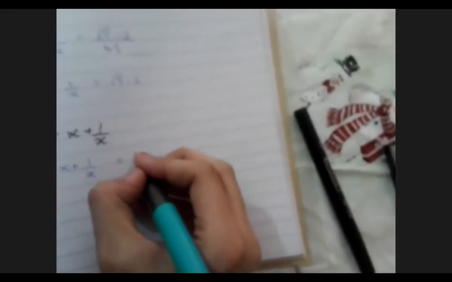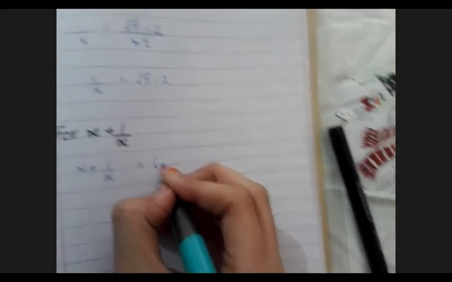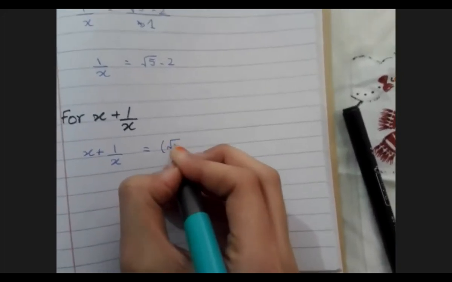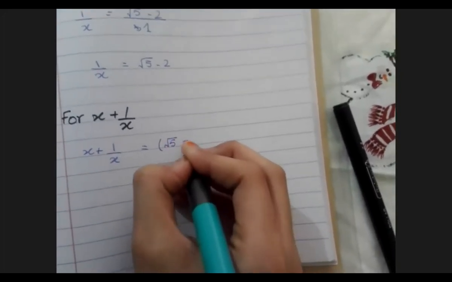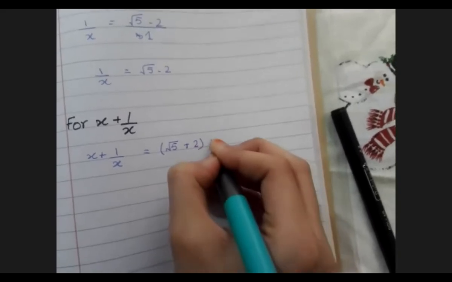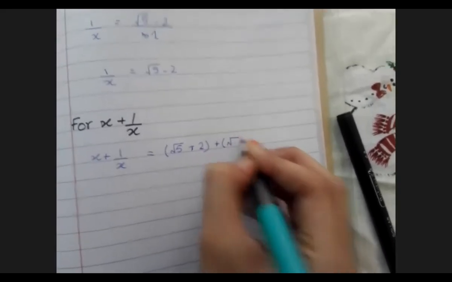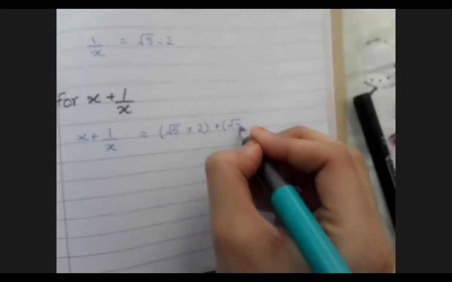Okay, now Ishal, your work. Very good. x plus 1 upon x. Yes, x is equal to what? x is equal to under root 5 plus 2, bracket close, sign of addition, under root 5 minus 2, bracket close.